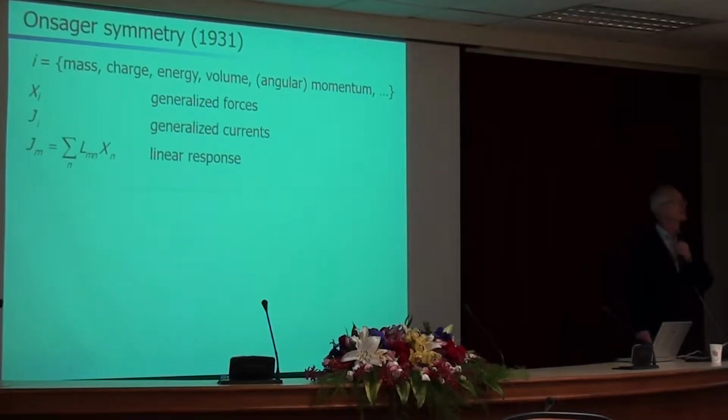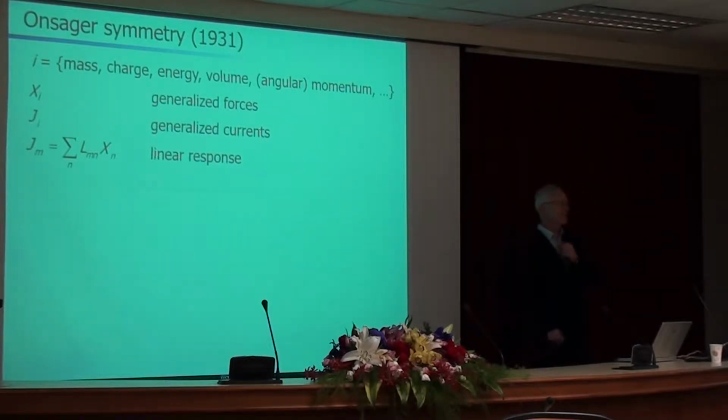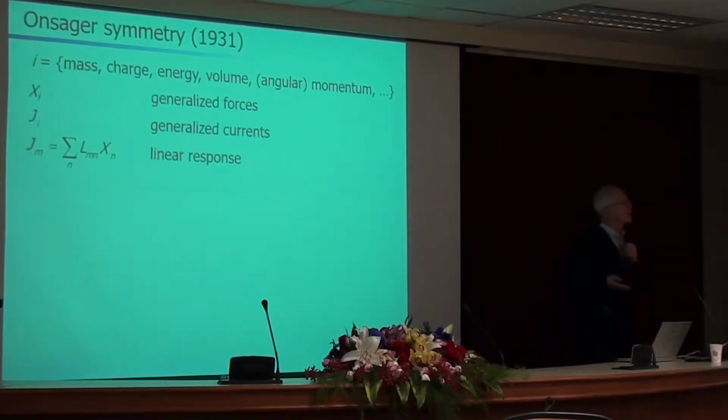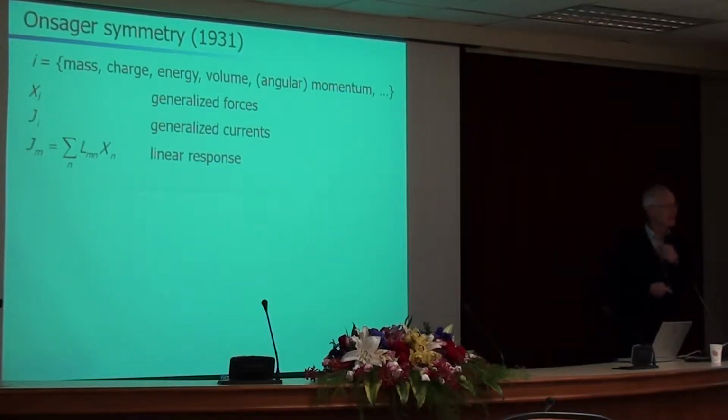Consider a system which is described by a number of thermodynamic variables like mass, charge, and so forth. We can disturb an equilibrium system by forces like electric fields or temperature gradients, which generate currents, which can be charge currents or heat currents.